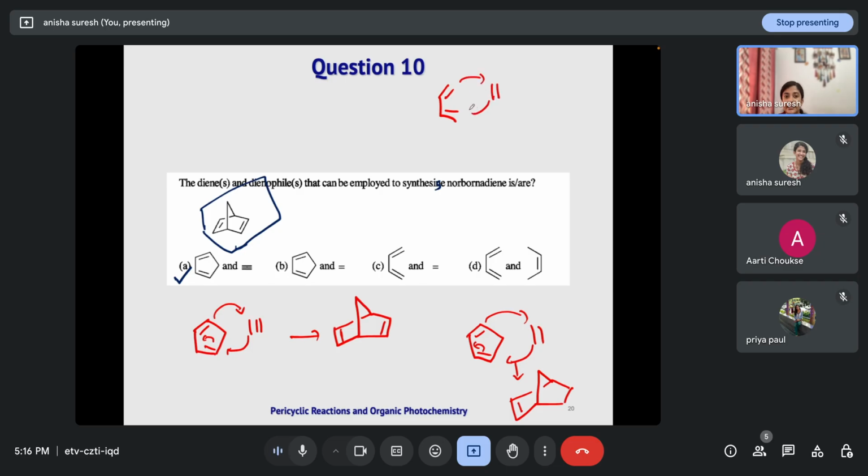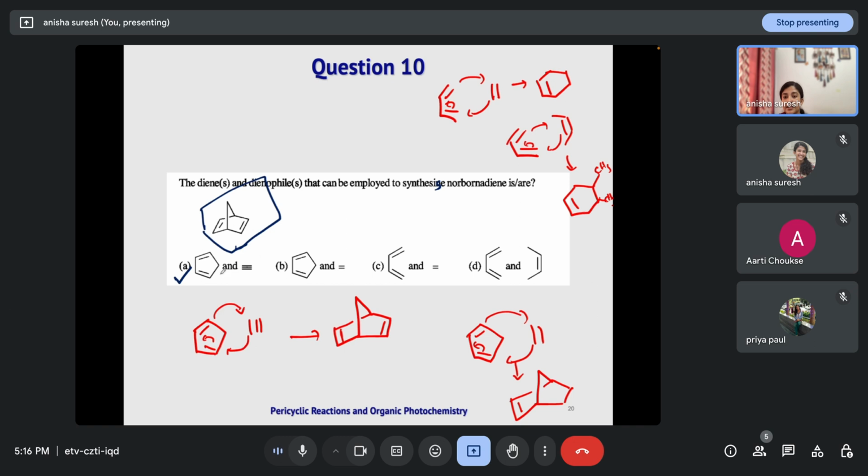It will undergo a classical Diels-Alder reaction resulting in the formation of cyclohexene. And in the other case, this butadiene and this substituted ethylene will undergo Diels-Alder reaction resulting in the formation of the substituted cyclohexene. Clear? So option A is the right answer.